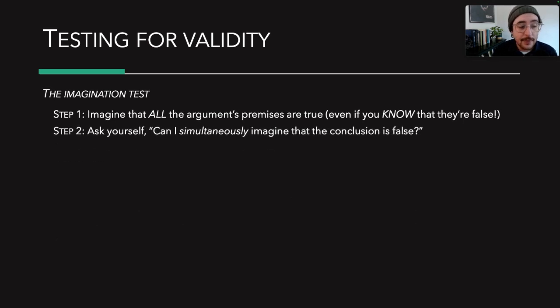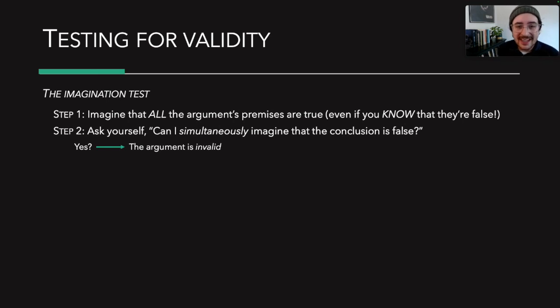Then the second step is you need to ask yourself, well, can I simultaneously imagine that the conclusion is false? If you're able to imagine that, that means that the argument is invalid. That means even if all the premises were true, like you're imagining, they wouldn't provide a guarantee that the conclusion is true as well.